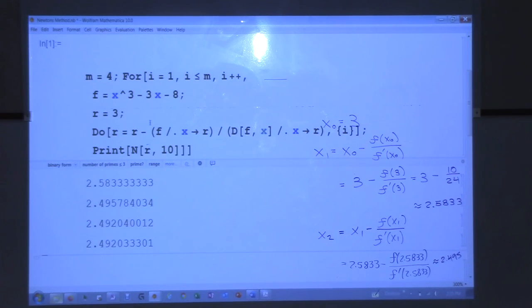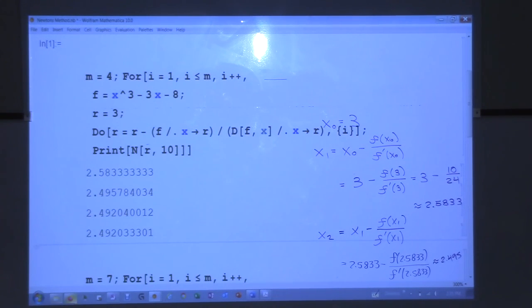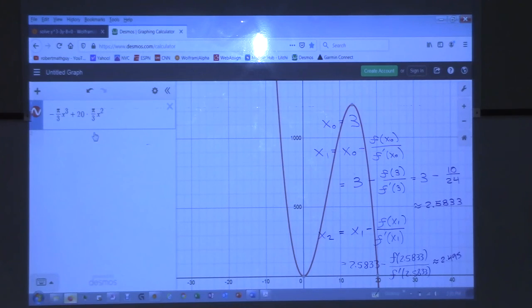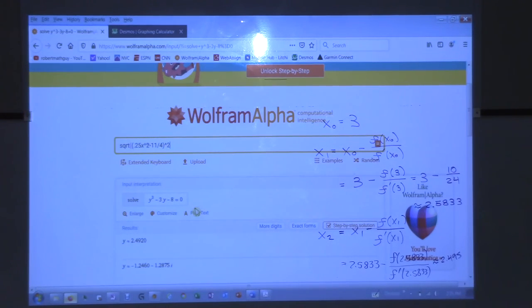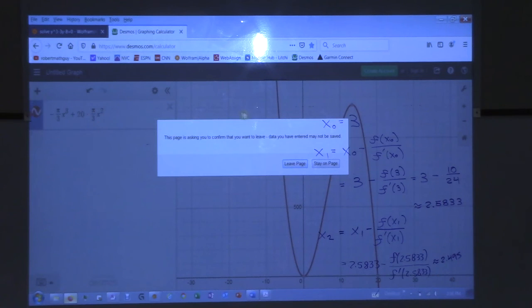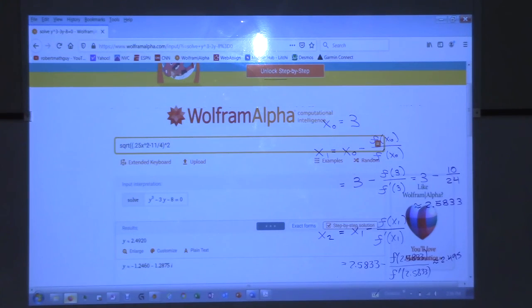Let me bring up Wolfram Alpha again. Wolfram Alpha should still have our answer there. And ask Wolfram Alpha for more digits. So basically, I'm asking it to run that algorithm a little bit more for me. And it doesn't want to respond because it doesn't like the fact that I have Desmos open. Wow. What's going on here?